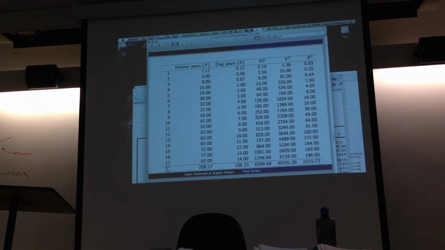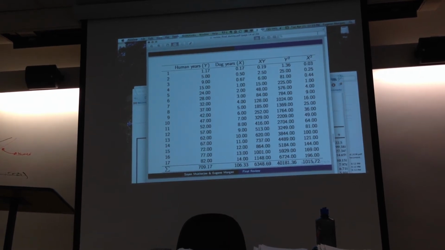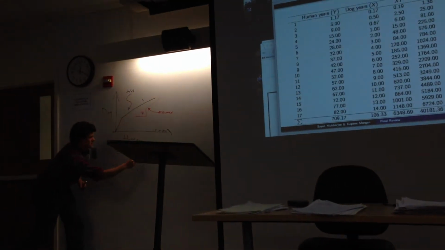Yeah, we're just doing a line. So we've got an intercept, right? Or more generally, what we've seen is y is beta 1 times x plus beta naught.